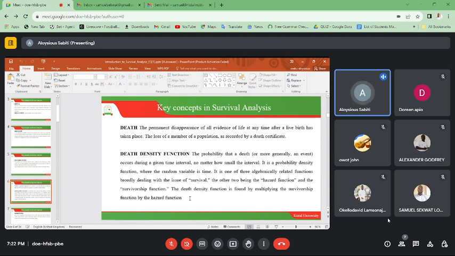But this is only subject to the event that there was a live birth. So we do not look at stillbirth or macerated death when we are referring to death, because virtually there was no live birth.